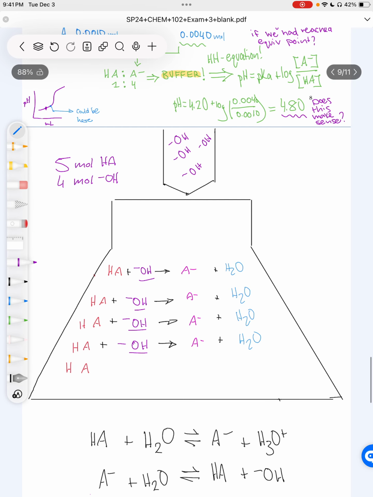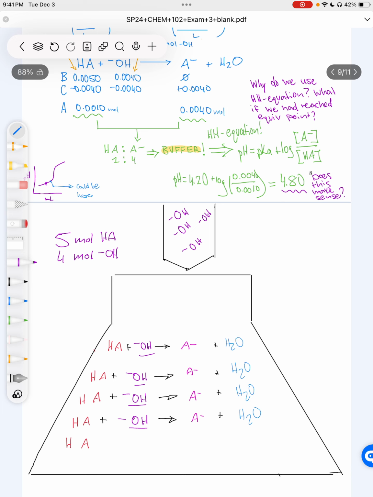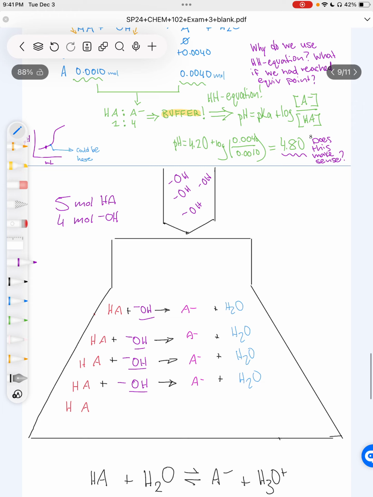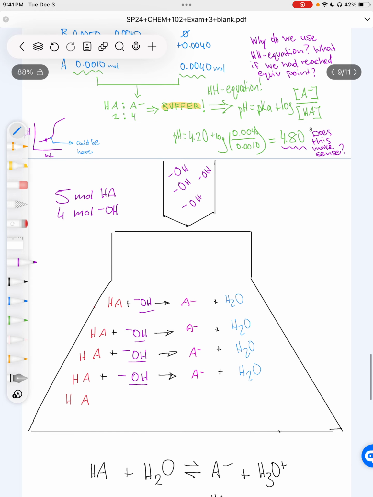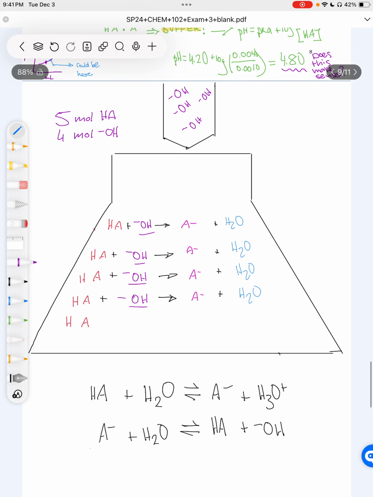For these problems, I think it's honestly really helpful to draw it out. So, instead of 0.005, I wouldn't recommend doing this on the exam, but for learning, draw it out. If we've got 0.005 moles of HA, we can sort of say, okay, we've got 5 moles of HA. We're dripping in our OH minus, right? Here's 1, 2, 3, 4. It's going to react with 4 of those.